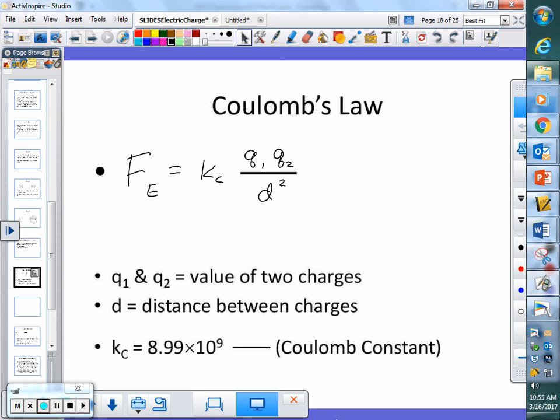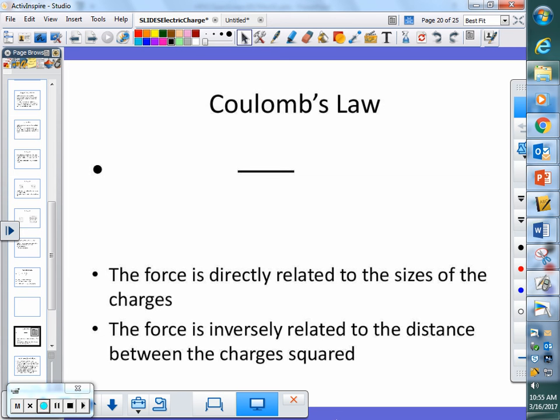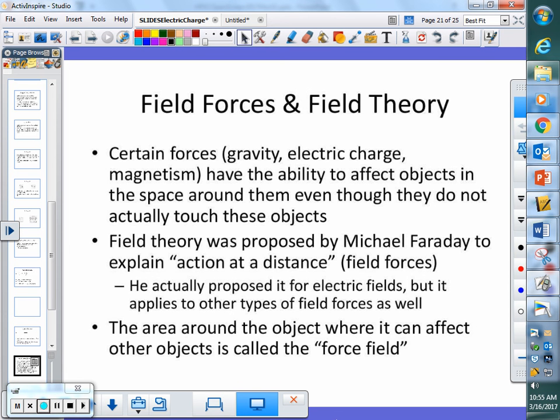So here we have an example, much like gravity, of something that we call a field force. Certain forces, specifically gravity, electric charge, and magnetism, have the ability to affect other objects in the space around them, even though they do not actually touch.